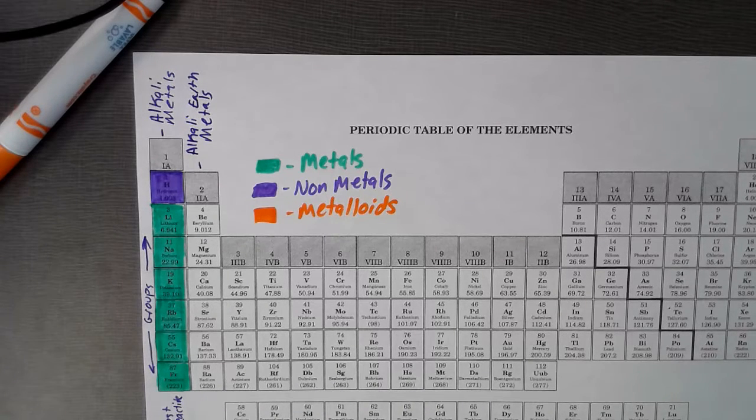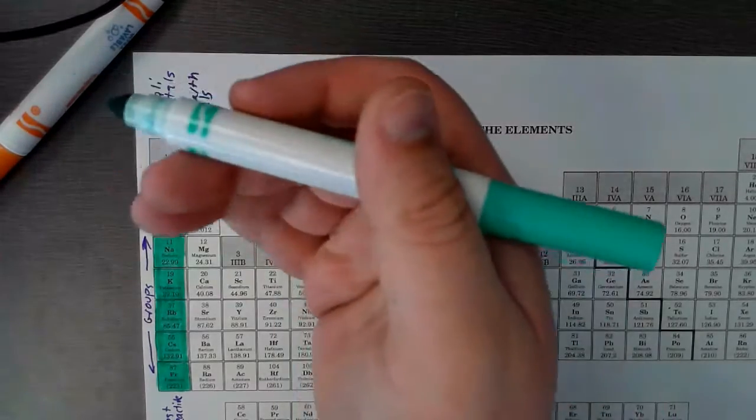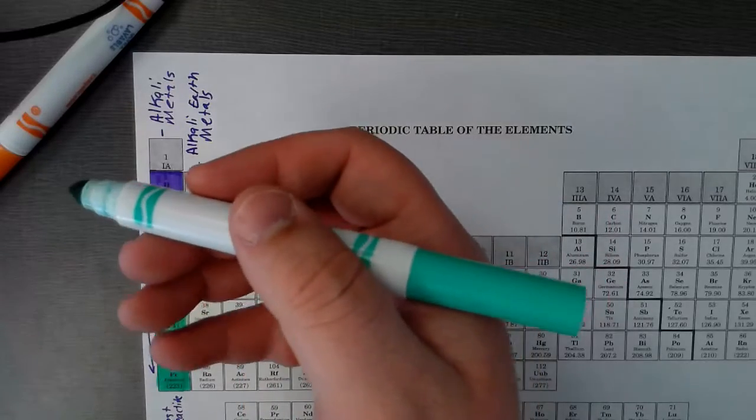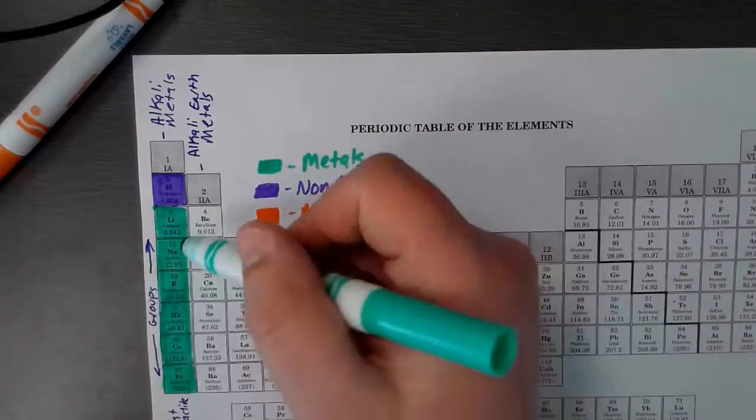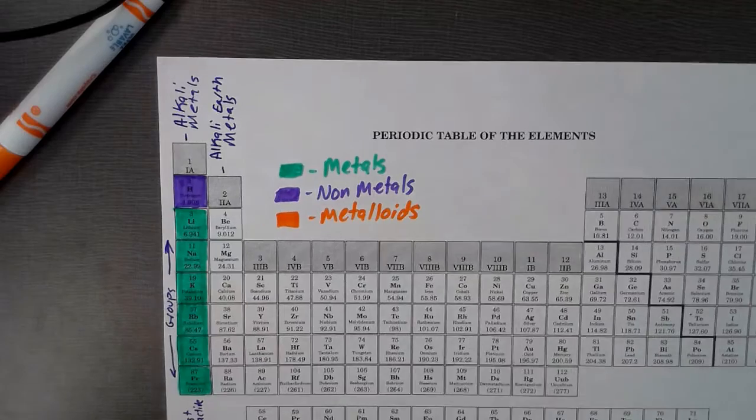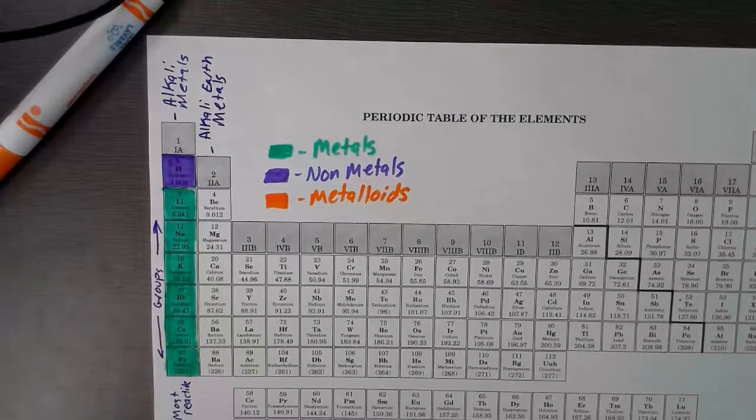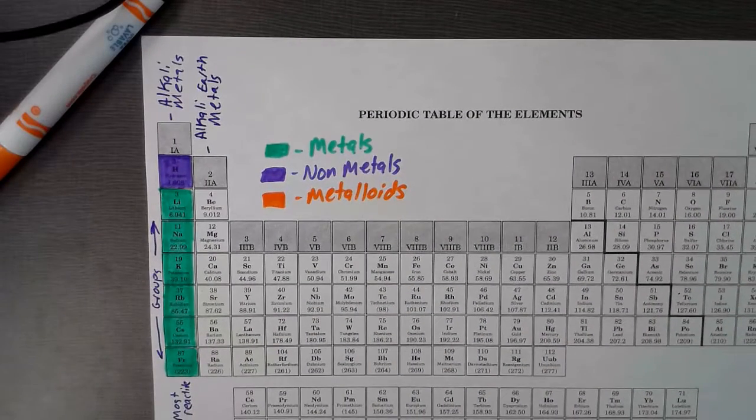These alkaline earth metals have two valence electrons. They're silver in color, and they are also denser than alkali metals. So if alkali metals are metal, alkaline earth metals are also metal. So we are going to color these in with the same color we did for the other metals.